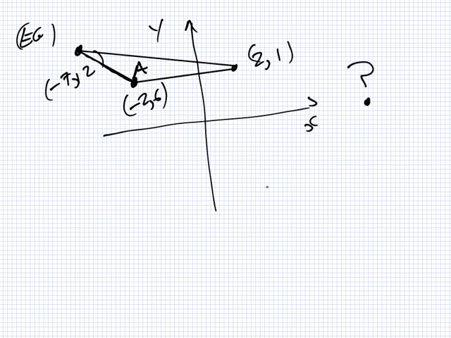So just to be clear, the 3 points are minus 2, 6, minus 7, 12, and 2, 1.